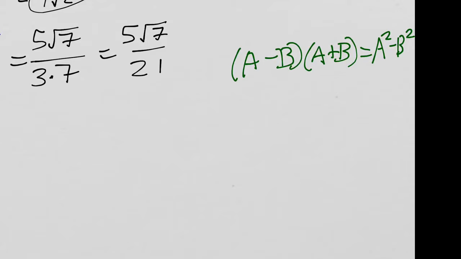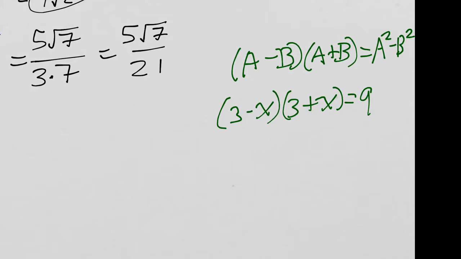So if I had something like 3 minus x times 3 plus x, I would end up with 9, which is 3 squared, minus x squared. Well, why do I care?